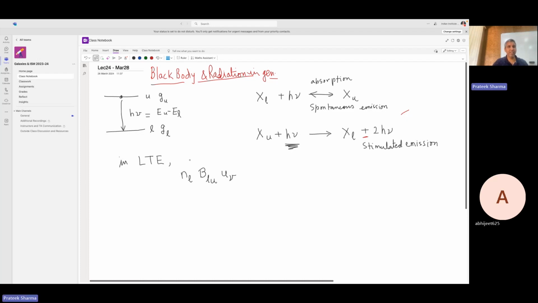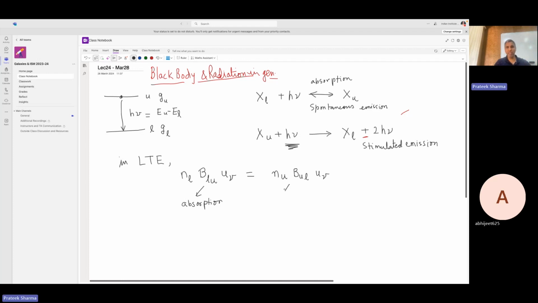So this is the rate at which the ground state gets excited to the excited state. So this is actually equal to N_U times B_UL times U_nu. So this is absorption, because you have this radiation. U_nu is the energy density per unit frequency in radiation.